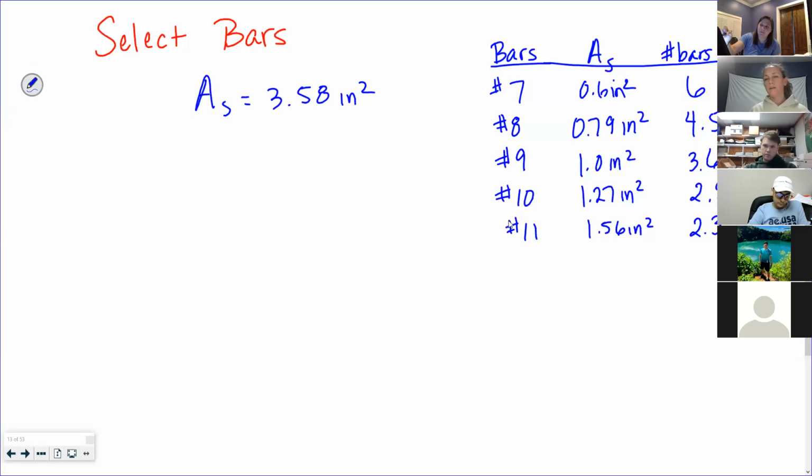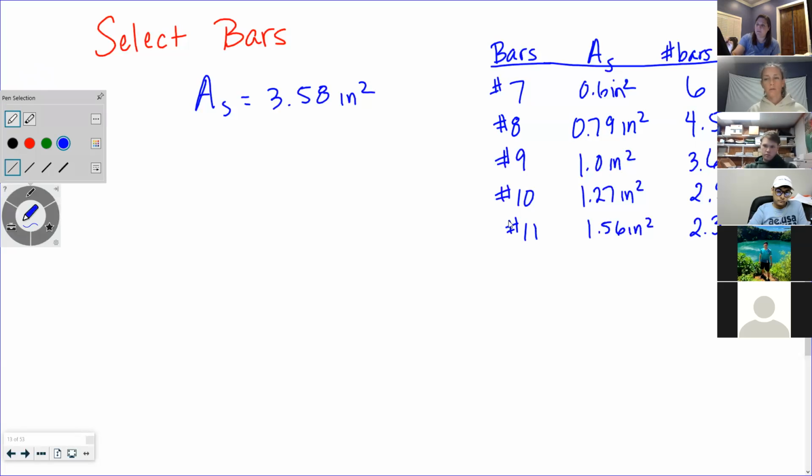But we're already given b and h. So if we're specified that we need a cover of 1.5 inches, then we're kind of limited on how big of a bar we can use. You see what I'm saying? Right.